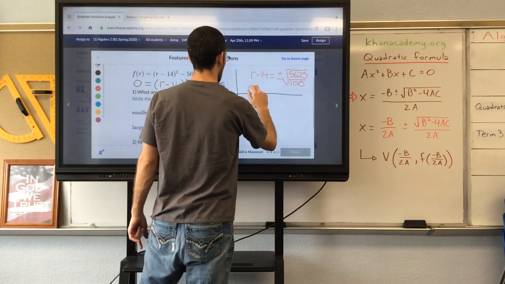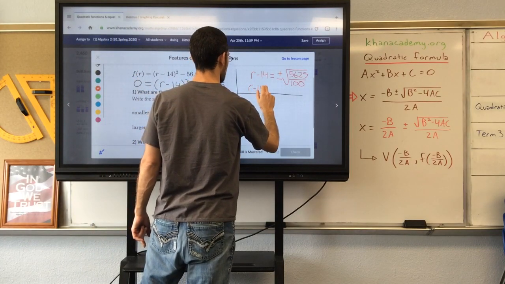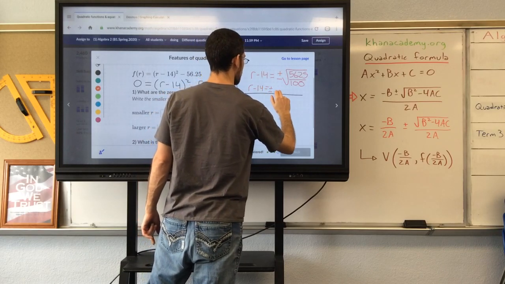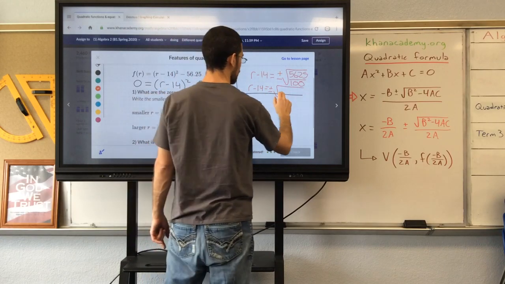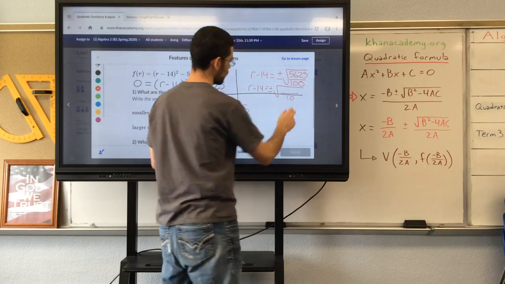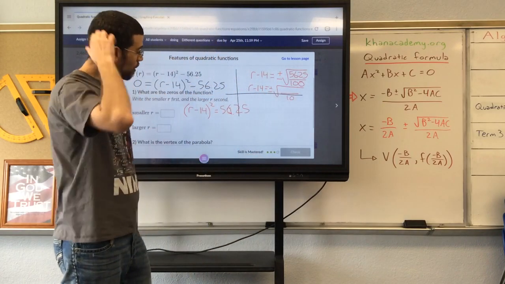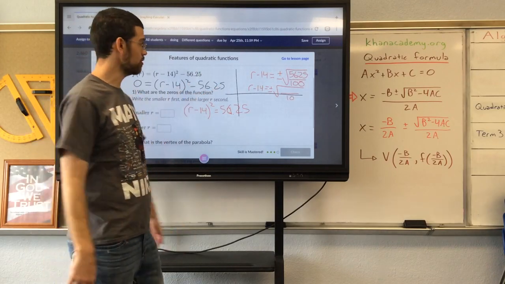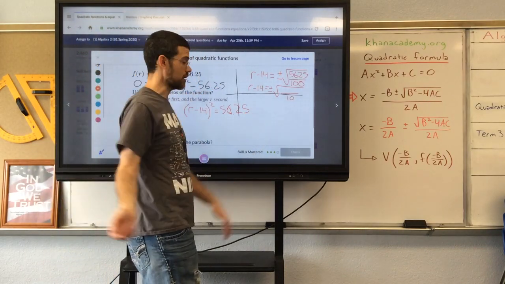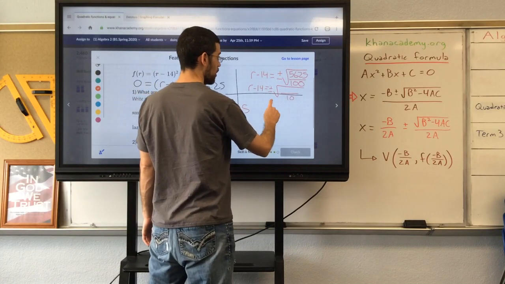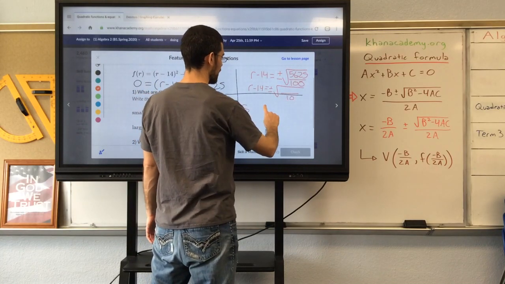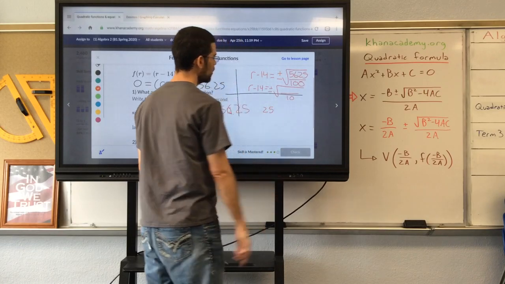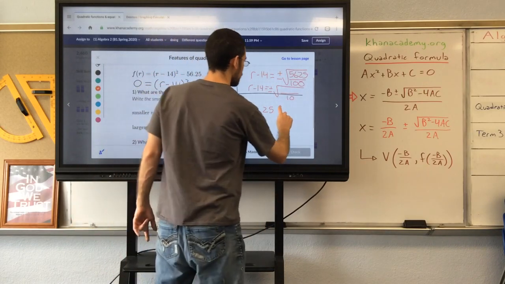So r minus 14 equals plus or minus the square root. The square root of 100 is 10. The square root of 5,625, I'll have to do a little work on that. You can use a calculator if you want, but let's see. That's divisible by 25. 25 goes into that.